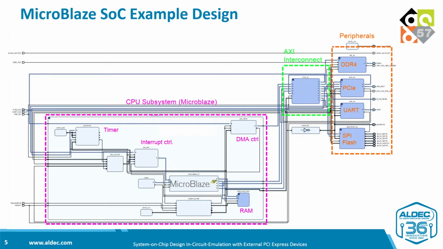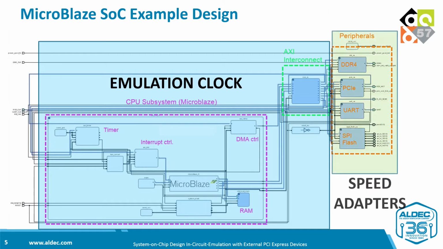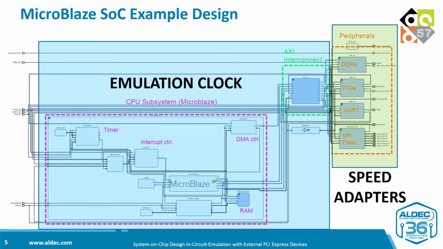The CPU subsystem and AXI interconnect will run on the emulation clock domain, and the peripheral controllers section should work as speed adapters, providing proper clock domain crossing from emulation to device clocks.